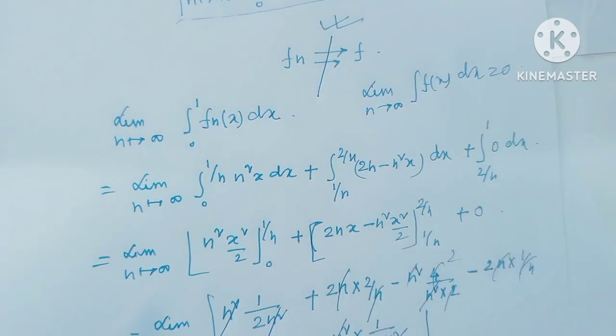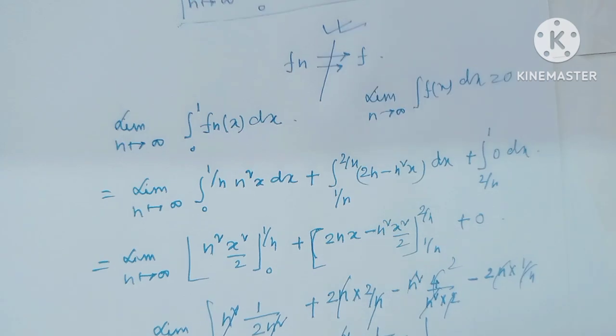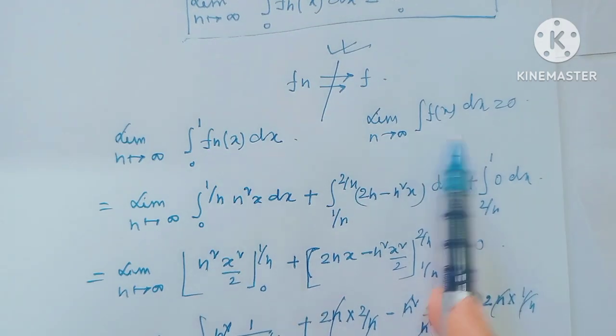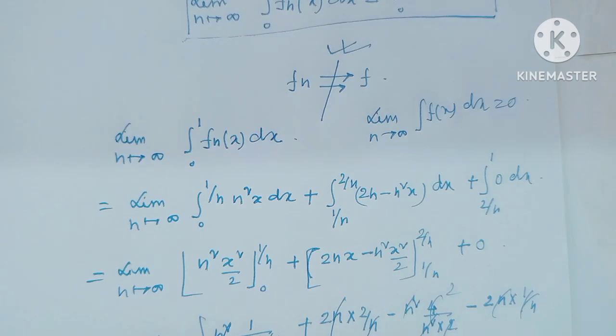So fn does not converge to f uniformly, since the limiting values are not the same.